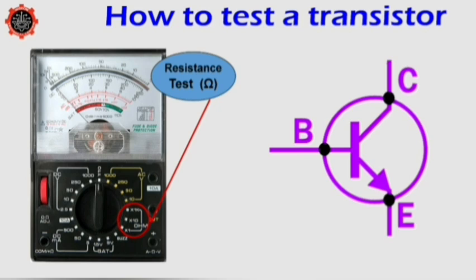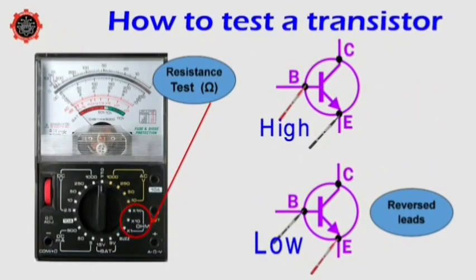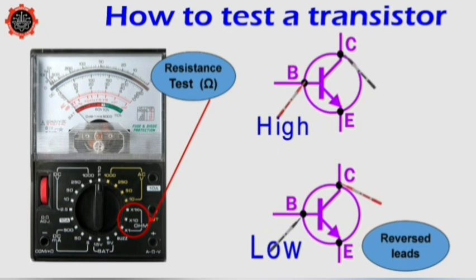With an analog multimeter, we have to go to resistance test, or you do your setting on resistance test. These resistance tests are made between two junctions in the following ways. From the base to emitter junction should be high one way and low the other way. From the collector to base junction should also be high one way and low the other way.